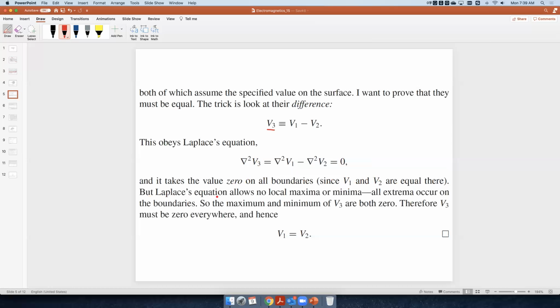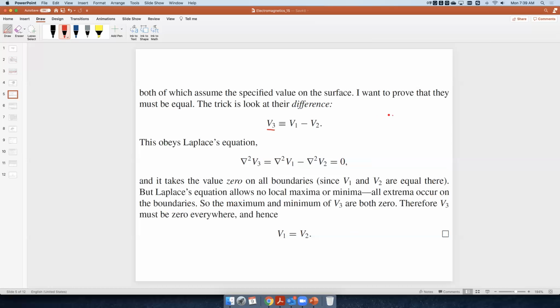And the Laplace equation allows no local maxima or minima. Then all extrema occur on the boundaries. So the maxima and the minima of V3 are both 0. Therefore, V3 must be 0 everywhere.